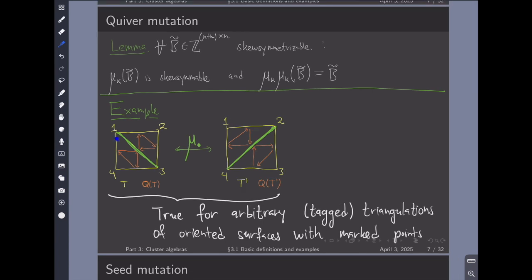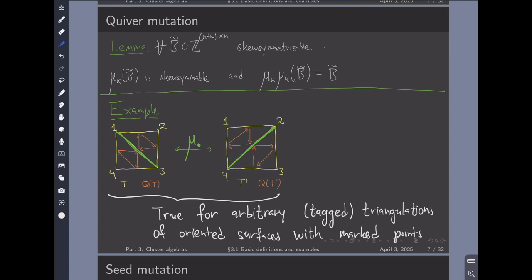This one here could be flipped, but there are weird situations for arbitrary surfaces with marked points where some arcs cannot be flipped. In order to be able to flip them, you force the machinery and introduce a new type of triangulation called tag triangulation. You enhance the set of what you call triangulations, and within this bigger set, the flip is always possible.